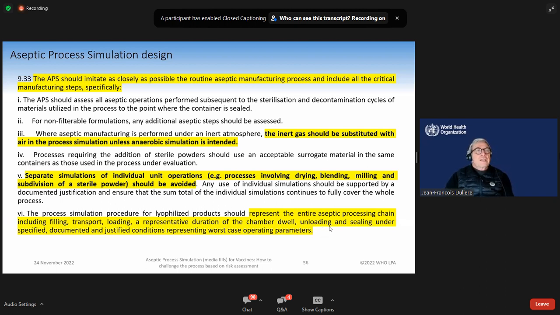That means that you do not have to freeze your product. If your sterilization process has a duration of 2-3 days, we have seen that several times, you do not have to perform it for 3 days. You can shorten it.